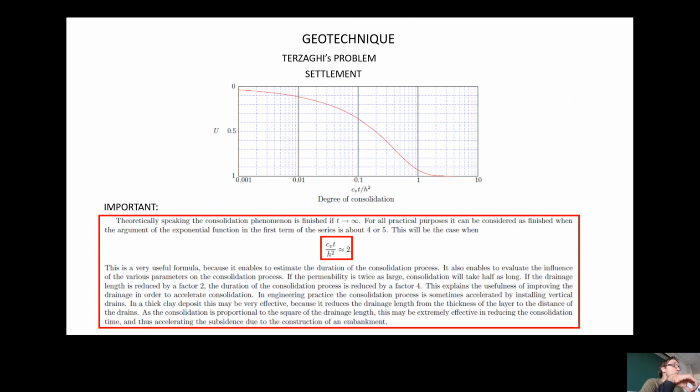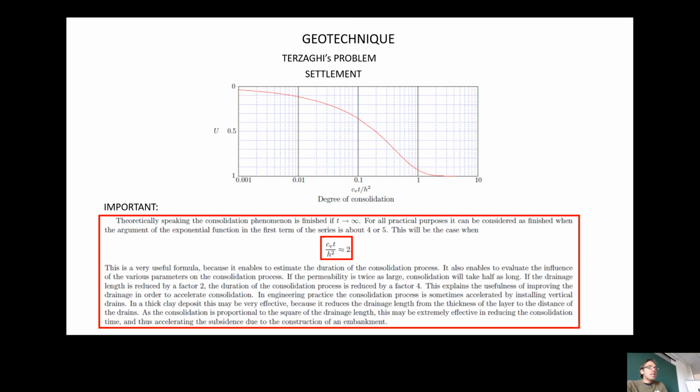As the consolidation time is proportional to the square of the drainage length, it may be extremely effective in reducing the consolidation time and thus accelerating the subsidence due to the construction of an embankment.